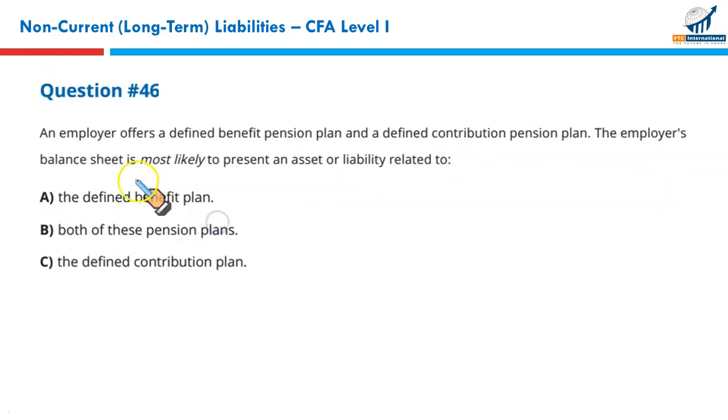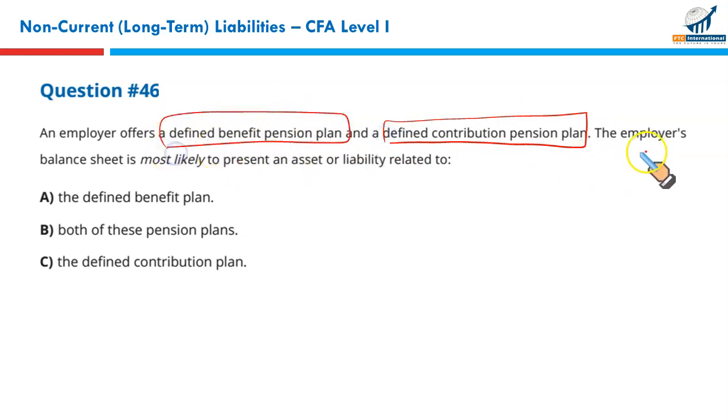An employer offers a defined benefit pension plan and a defined contribution plan. The employer's balance sheet is most likely to present an asset or a liability in case of the defined benefit pension plan. Remember, only the defined benefit plan has a funded status that would appear on the balance sheet either as an asset or as a liability.